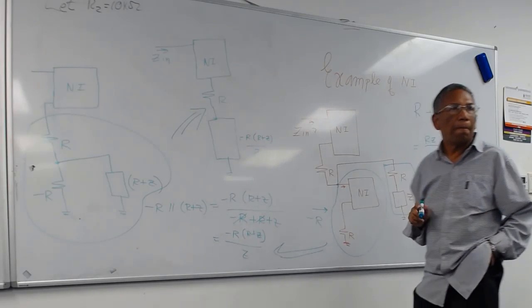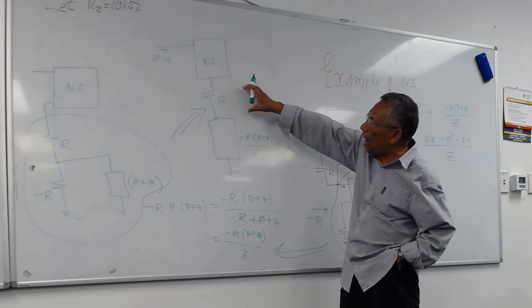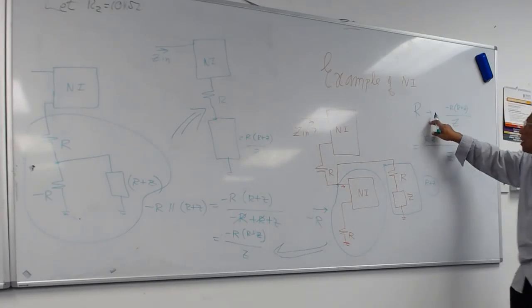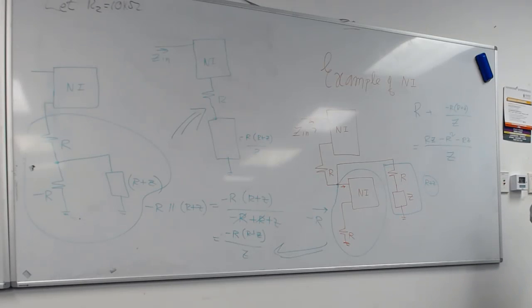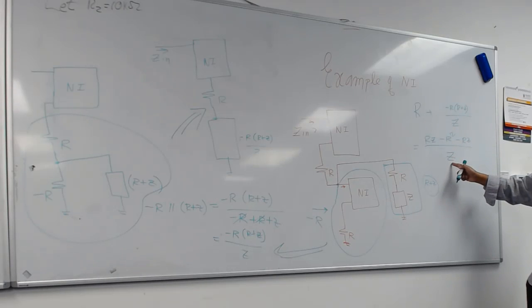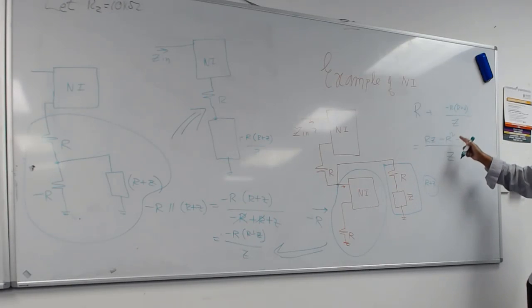Now we have to add the resistance R in series with this resistance. So I am adding R with this series resistance. If you add them, then it will be Z in the bottom, and in the top we will have RZ minus R square minus RZ.